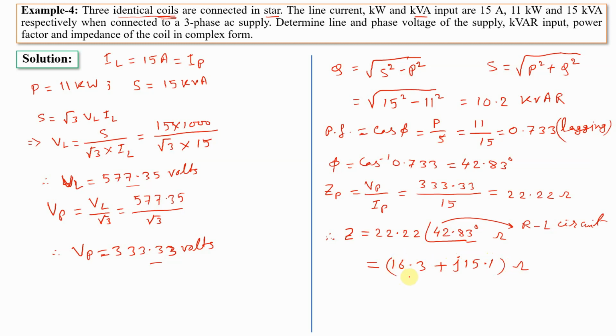In the rectangular format, 16.3 is the resistance per phase and 15.1 is the inductive reactance per phase. And if we want, we can find the value of L also, because we know that XL is equal to 2 pi FL, and if the frequency was given in the question, we can also find the value of L. That is the complete solution.